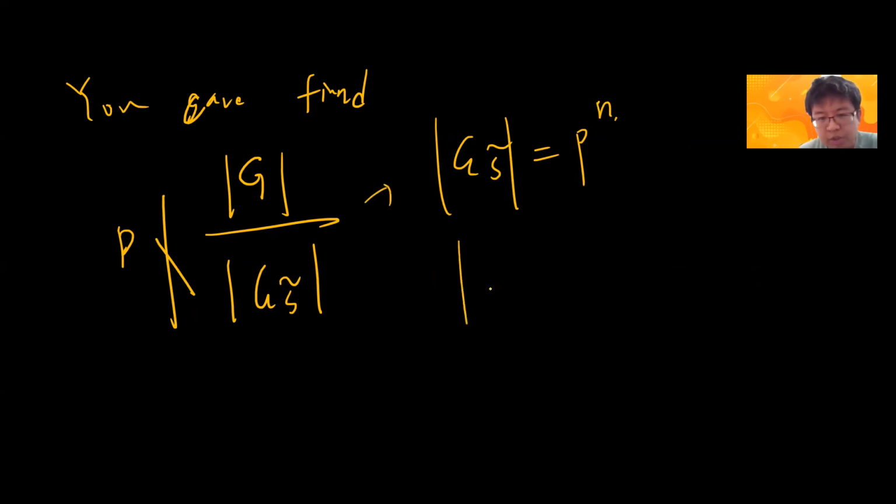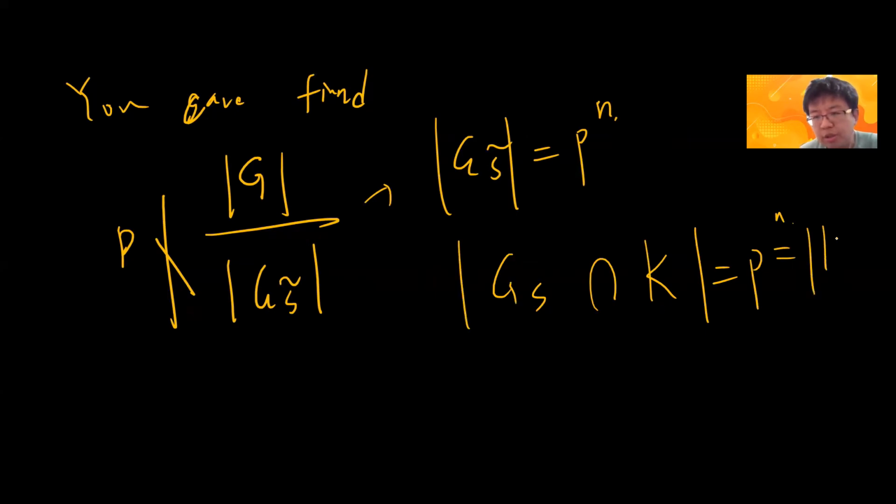But now this is GS intersected with K, and this K is also P to the N, because it's a Sylow P group. So the only case is K is a subset of GS.